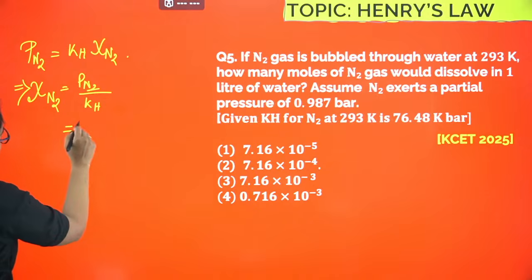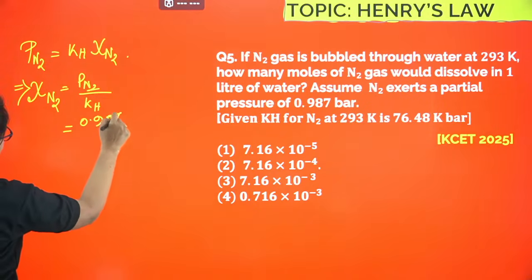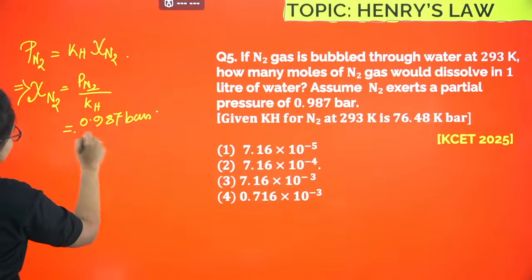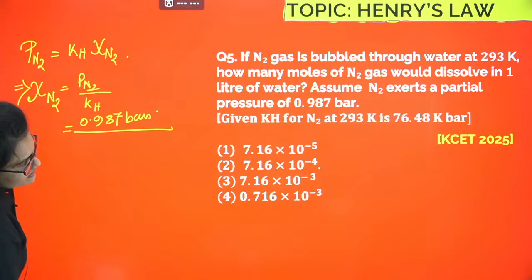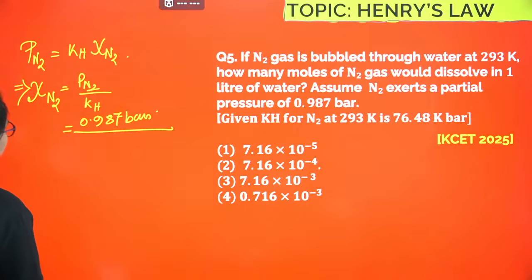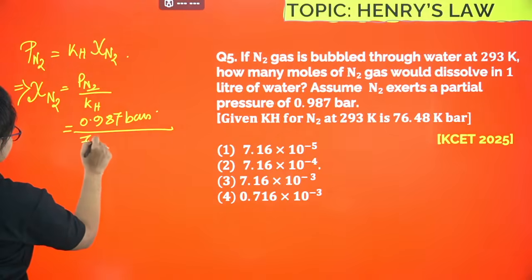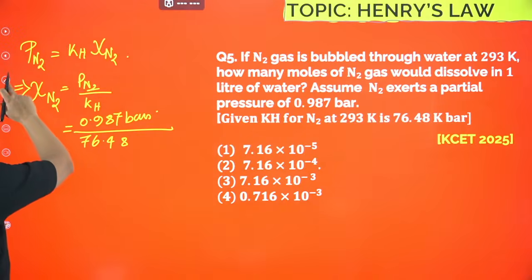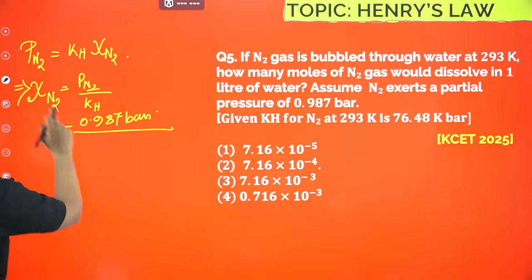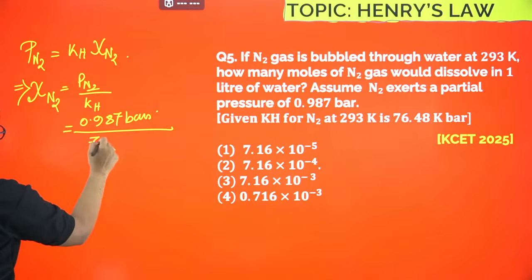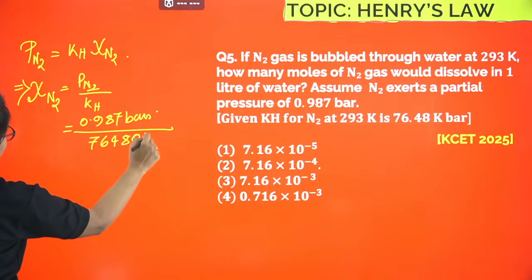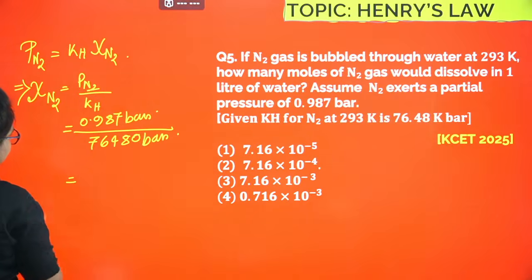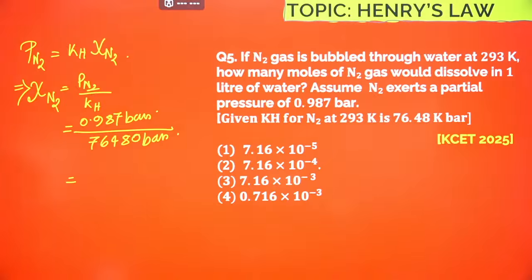Pressure of N2 is given as 0.987 bar, divided by 76.48 kilobar. We will convert it to bar, so 76480 bar. Now if you calculate, it will come out to be something like 1.3.